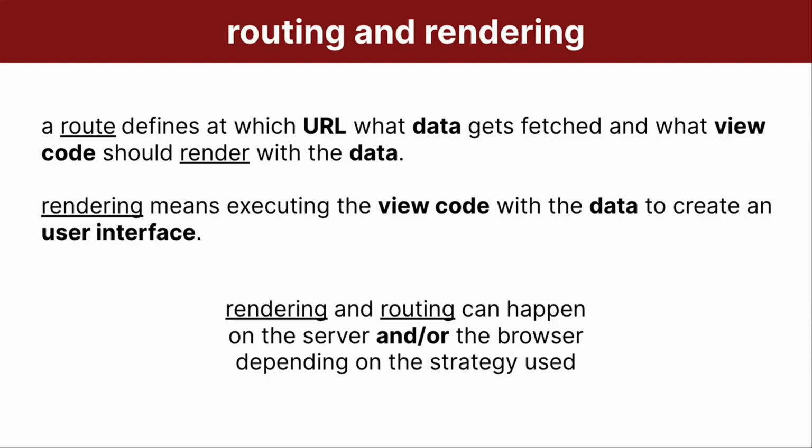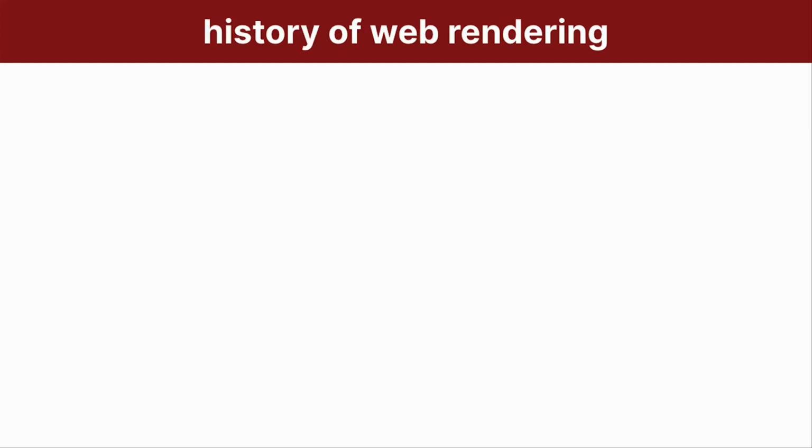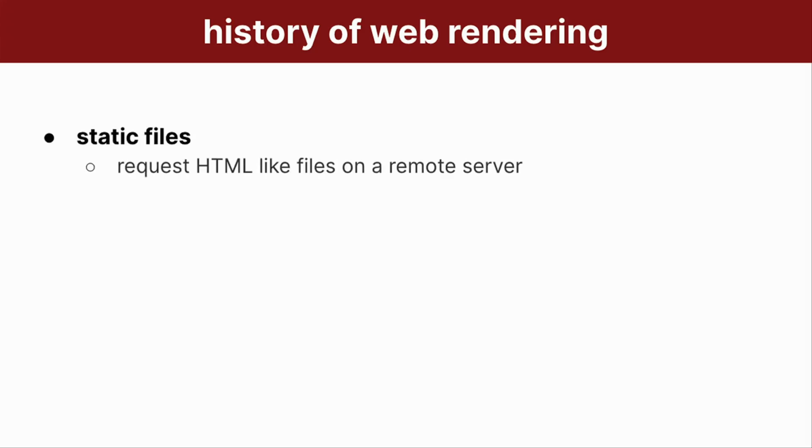So, what paradigms are out there? I'm going to give you a quick history of web rendering. In the beginning, there were static files. The web was very simple in its early days. You were requesting the HTML files in your browser just like you would request a file on your Google Drive or on your Dropbox or just on a remote computer.